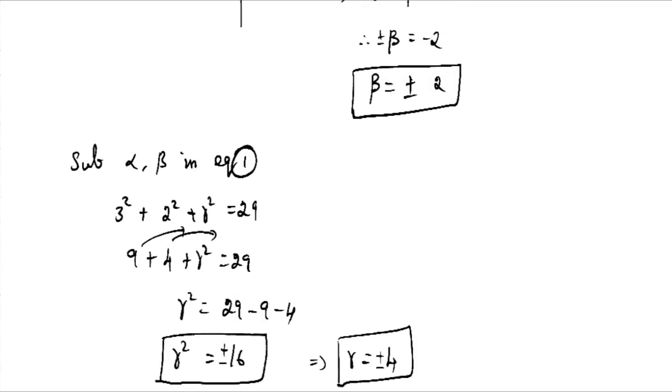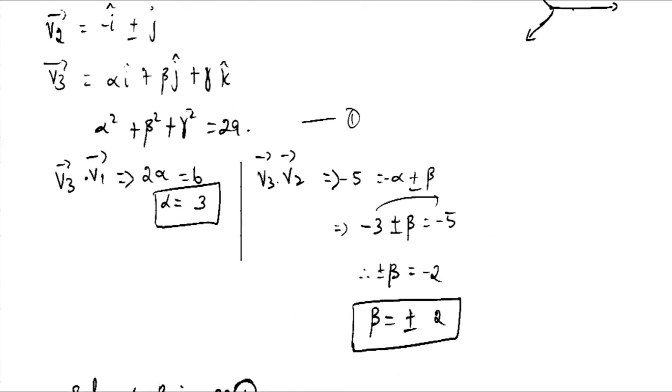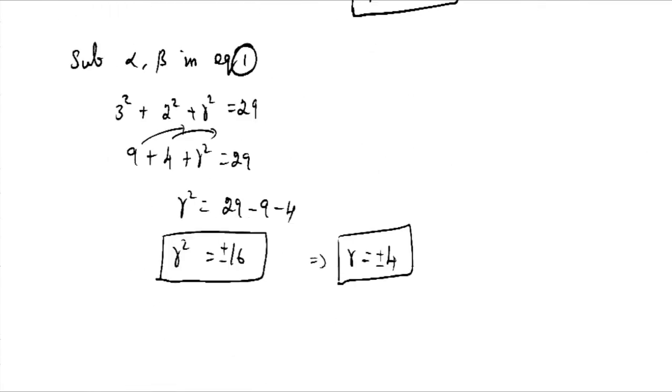So we already found alpha, beta, gamma, so I'm going to substitute them here. I'm going to write all the equations here.